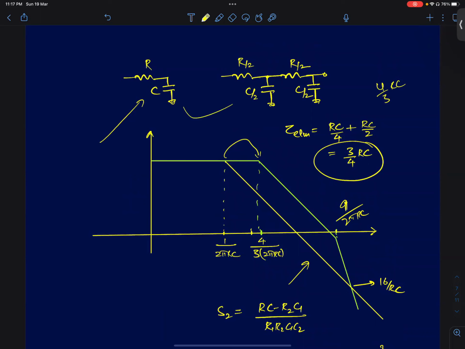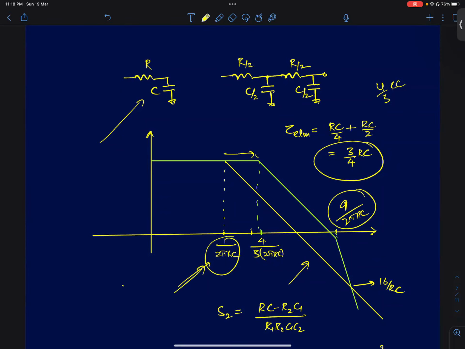By doing this, I get a second order response, which is a good thing. But the bandwidth increases, which means filtering decreases. The first pole occurs at 4 by 3 times the pole of a first order system. The second pole comes at 9 times the first pole.